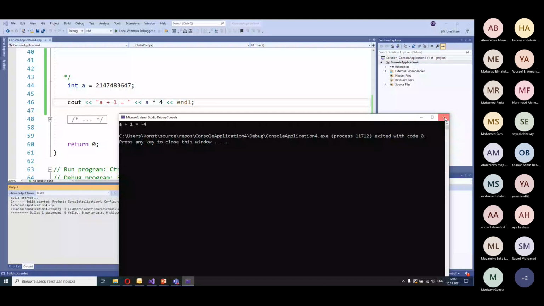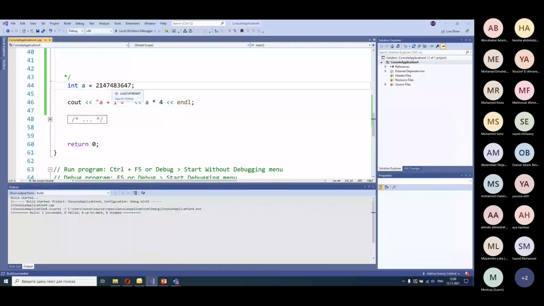This constant, int max, or maximum, I don't remember. Yeah, max. So you can use int max as the largest value.